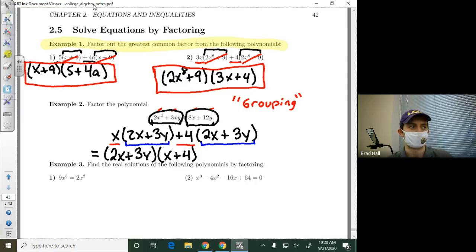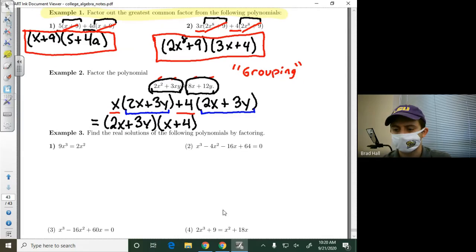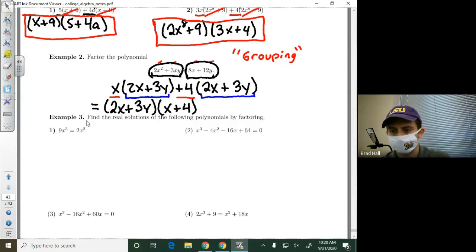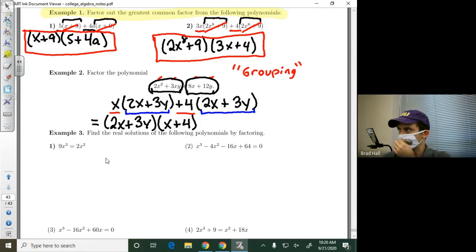So all it wants is factoring. So we'll go ahead and move on to example 3.